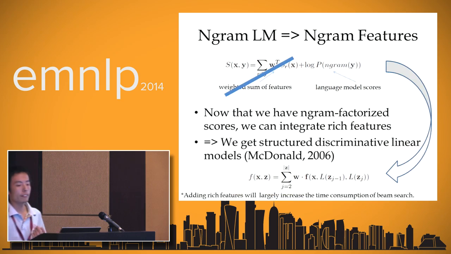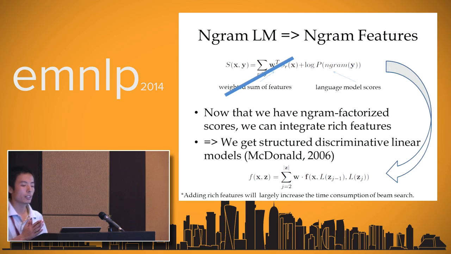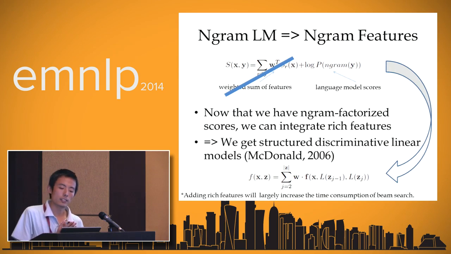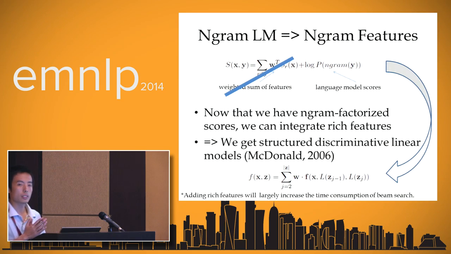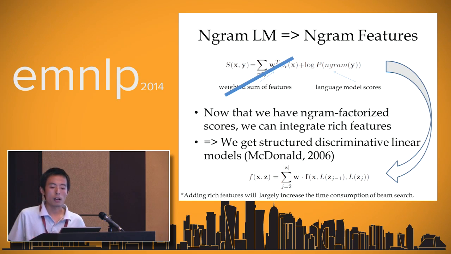And if we view this as an n-gram factorized equation, then we can integrate some rich features. If we integrate some rich features, we can get a similar form of the scoring function, just as McDonald 2006 in this paper. There is a combination of features on the n-grams.